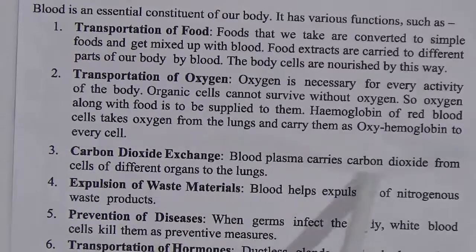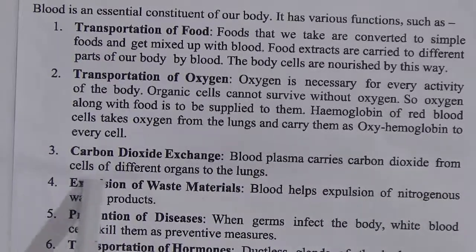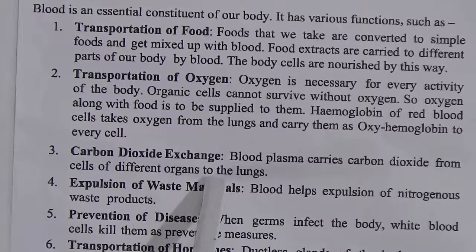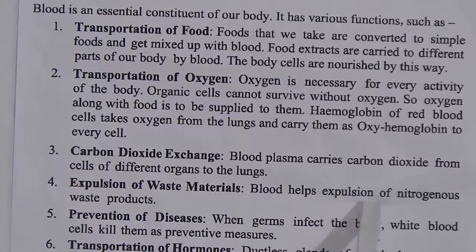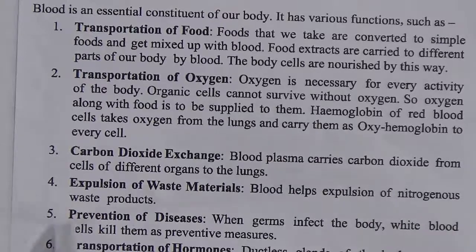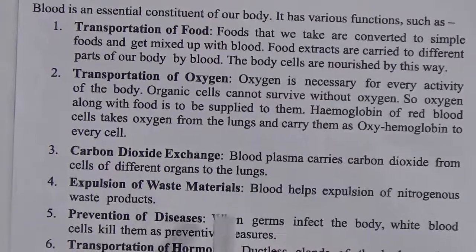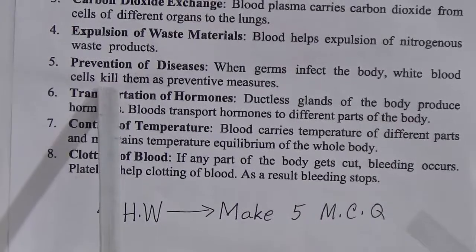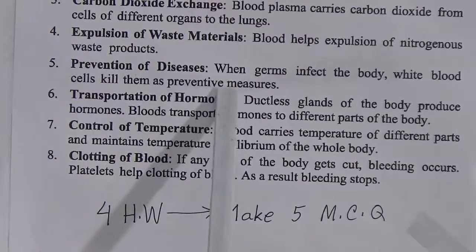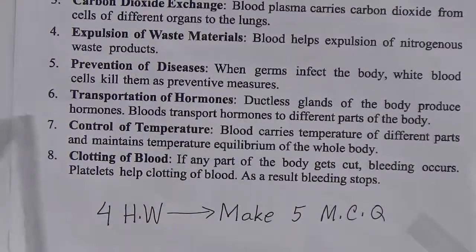Blood plasma carries carbon dioxide from cells of different organs to the lungs. Number four is expulsion of waste materials. Blood helps expulsion of nitrogenous waste products. Number five point is prevention of diseases. When germs infect the body, white blood cells kill them as a preventive measure.